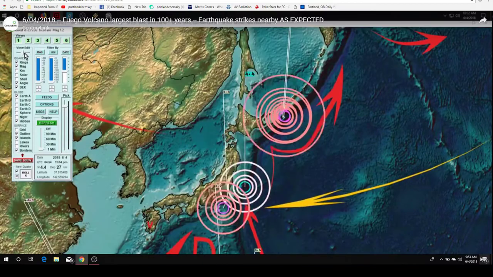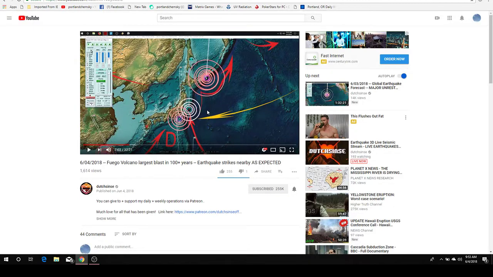So earthquakes are not going to quit near Japan, okay? It's not going to happen. They're going to continue. They're going to increase.